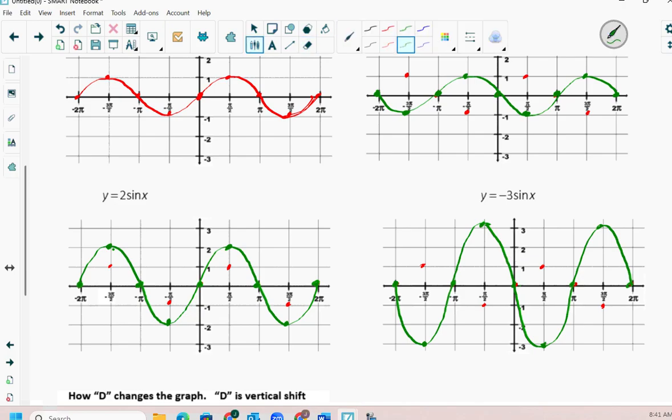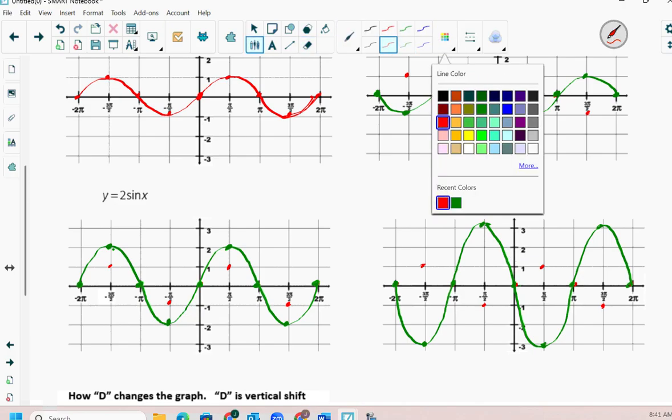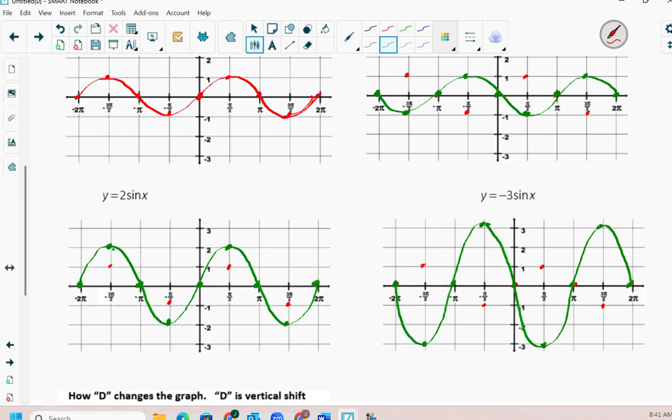Look up here when you're ready. How we doing, guys? Okay. Just an a value, not too bad, right? We can do this.